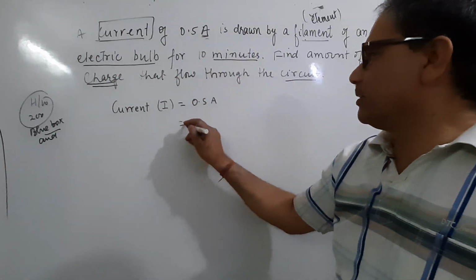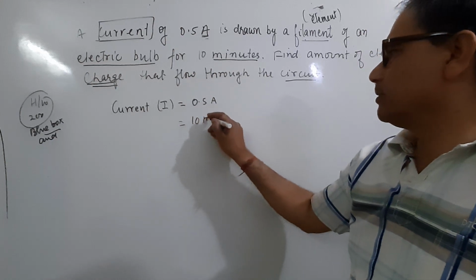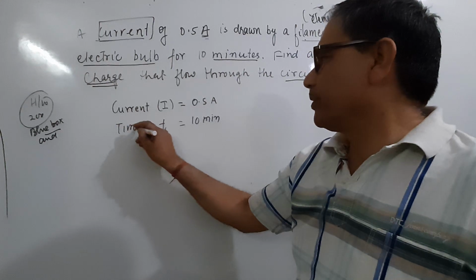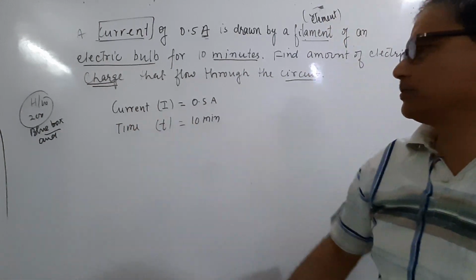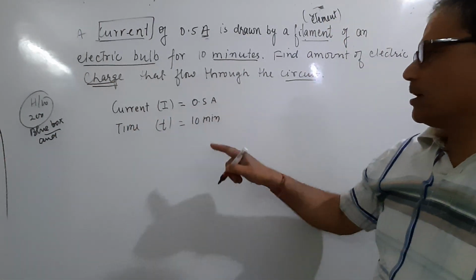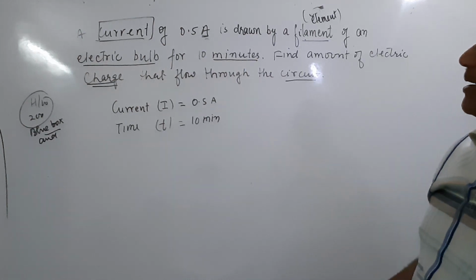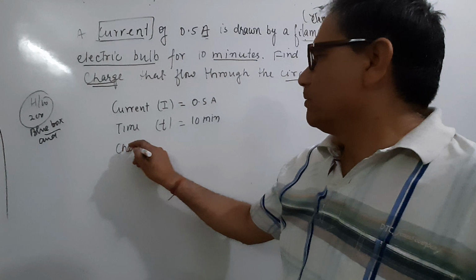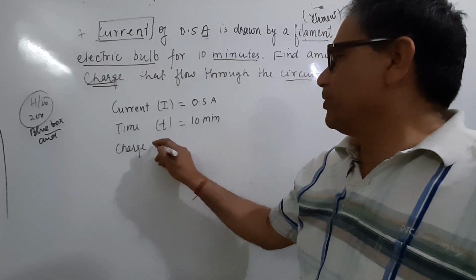What is the 10 minute? It is time, T. You can write simply T also. Here is ampere, here is minute, time, and find the amount of electric charge. What is the symbol of charge? Q. We have to find out.